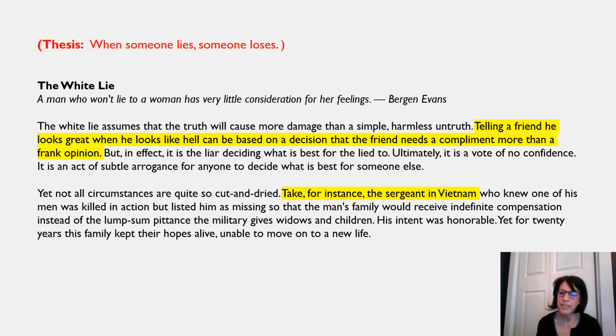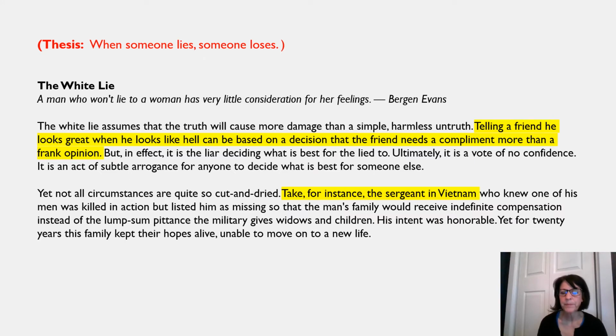And we especially see this in her second paragraph. She uses here a general example. It's not about a specific sergeant or a specific soldier who's been killed. Instead, it's sort of a composite. We know from history that this kind of lying about what has happened has been fairly common. So this is a general example.